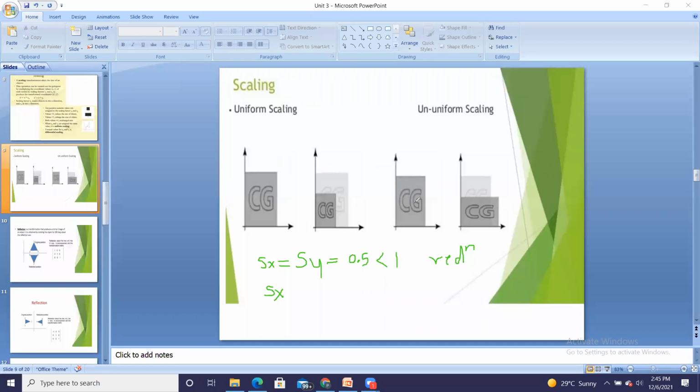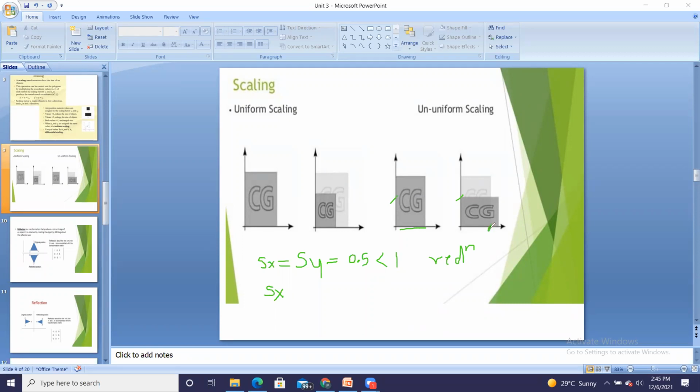Those who are saying yes, observe here. This is your original object, which is reducing in its height after transformation. That is, we are going to reduce its height. But what happens with the width? The earlier width is this, and the new width is more than the earlier.